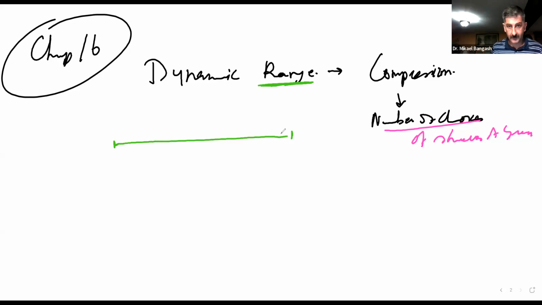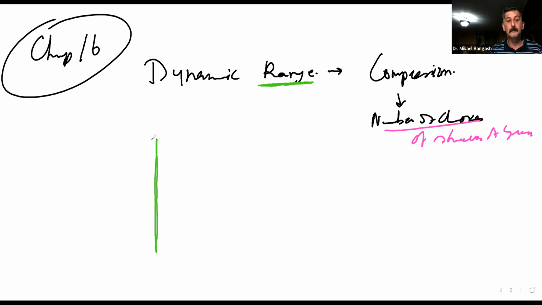Let me just write it: range means the difference between, in this case, one end being the maximum, and at the other end of the range being a minimum.